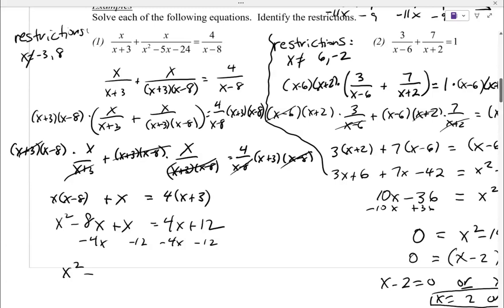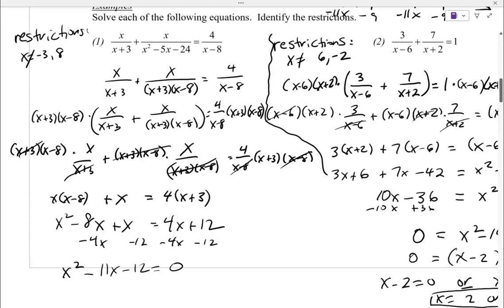So you've got negative 8, plus 1, minus 4. So how many x's are left? So minus 8 minus 4 is negative 12, plus 1 will give you negative 11x. Good. And then you have a minus 12.